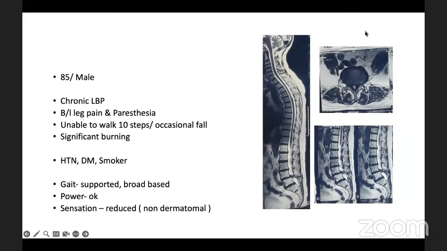And if the MRI shows L1-L2 to L5-S1 disease, this requires decompression only at L1-L2. Sir, did I get it correct?